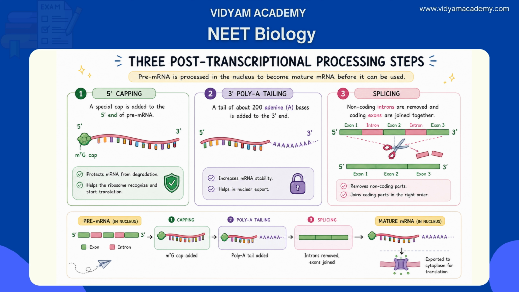This tail enhances mRNA stability and aids nuclear export. Third, the spliceosome complex precisely removes non-coding introns and joins the coding exons together. After all 3 modifications, the mature mRNA is exported through nuclear pores into the cytoplasm for translation. That's why option C is exactly the right answer for question 6.